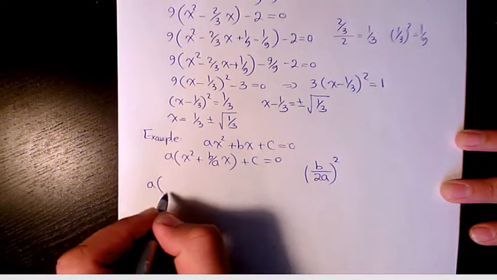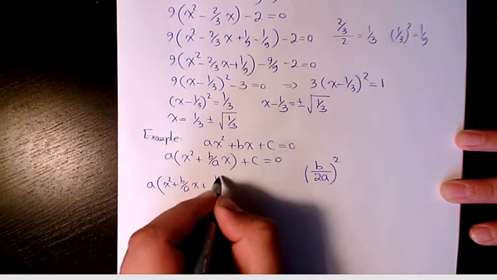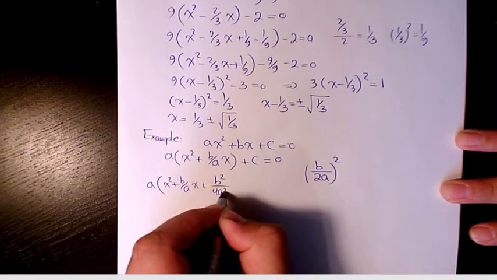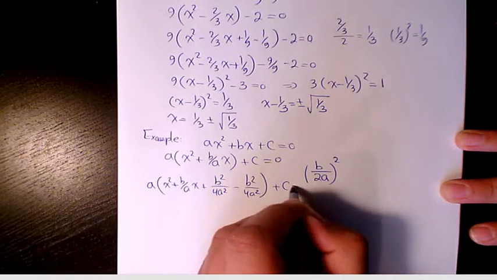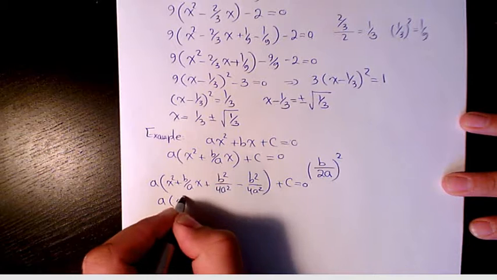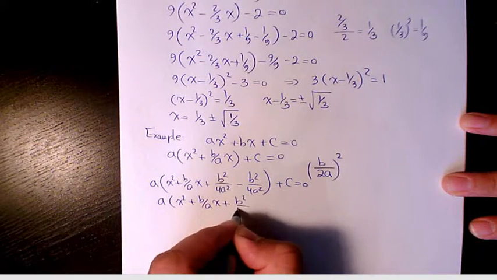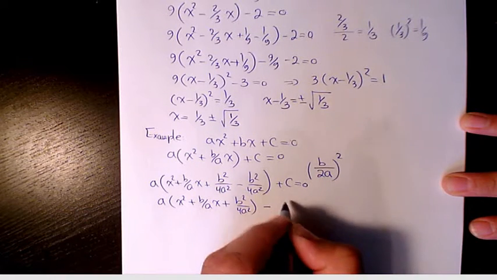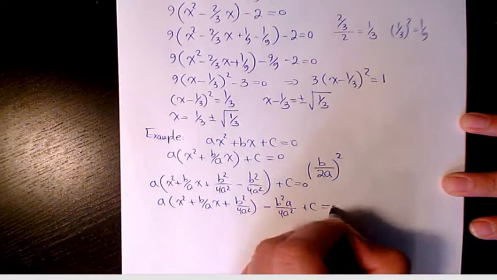So it's going to be a times x squared plus b over a x plus b squared over 4a squared, minus b squared over 4a squared, plus c equals 0. Then you will have a times x squared plus b over a x plus b squared over 4a squared, minus a times b squared over 4a squared plus c equals 0.